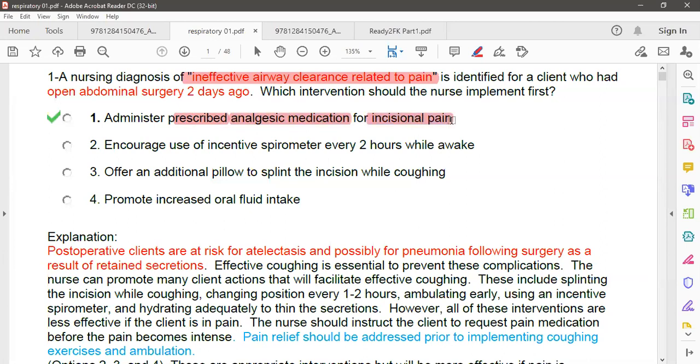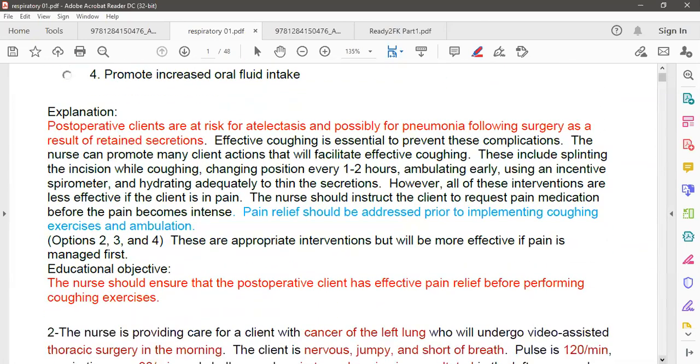This is the first priority. Then you can make sure your patient takes enough fluid or uses the spirometer. But after all this, let me explain, read it, and gather more information.